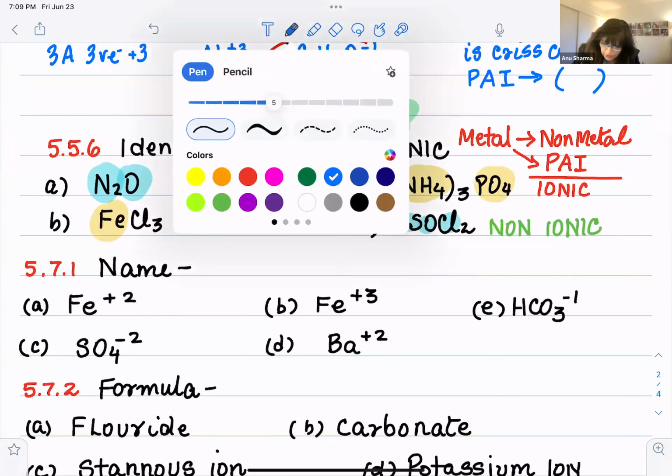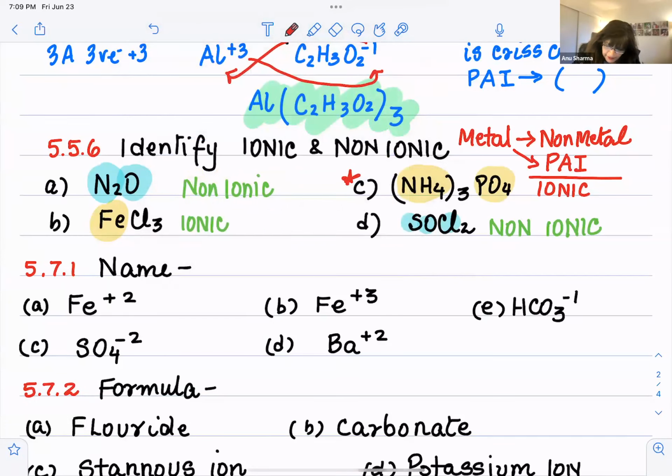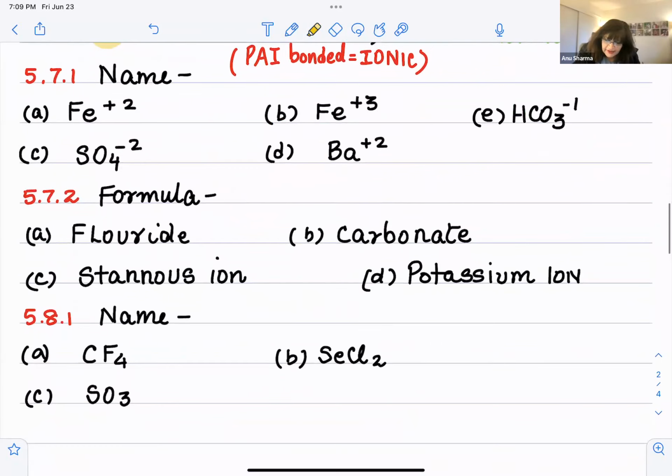Let me put a note here, that polyatomic ions bonded will also be ionic. Okay, so it is going to be an ionic bond. So this is the story. So ammonium phosphate is basically an ionic compound. Two ions combined together obviously will make ionic. Okay. All right.